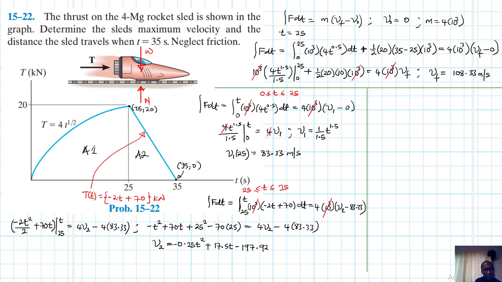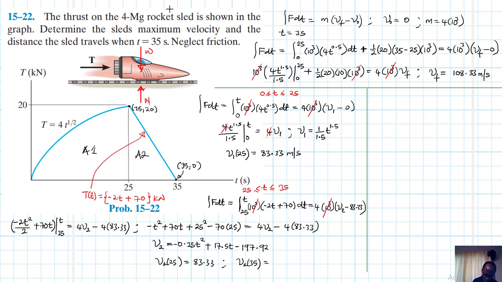If we plug in both of them, v2 at 25, we should be able to get 83.33. If we don't, it means our equation is not correct. So v2 at 25: minus 0.25 by 25 squared plus 17.5 by 25 minus 197.92. So we have 83.33, which is okay. And then v2 at 35, we should get this one here. If we don't get it, it means our equation is not correct.